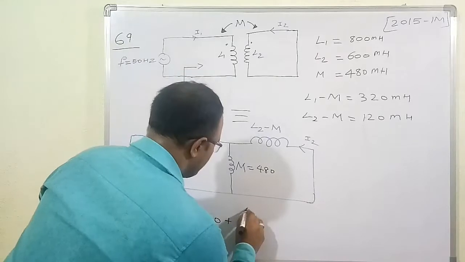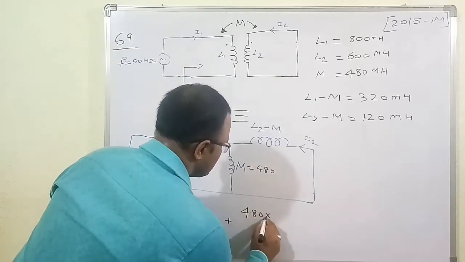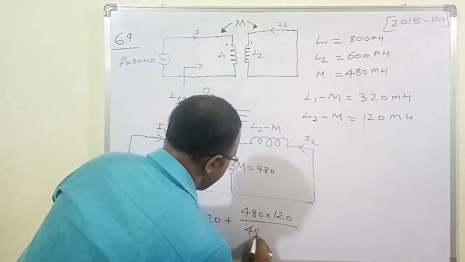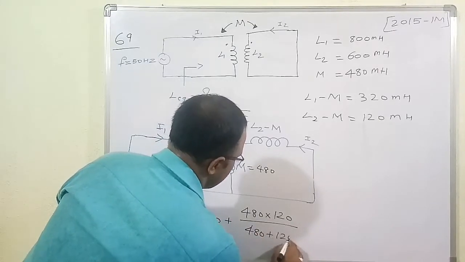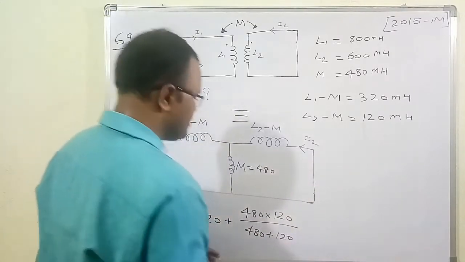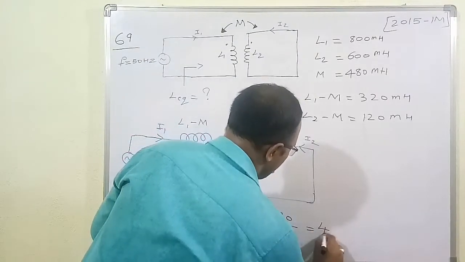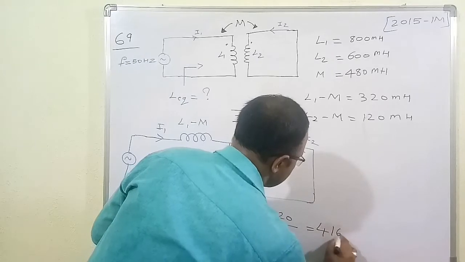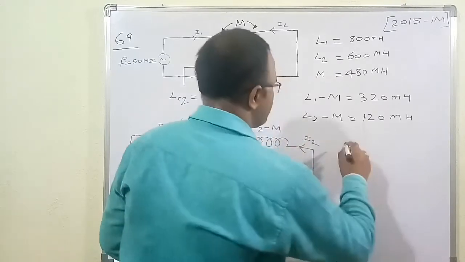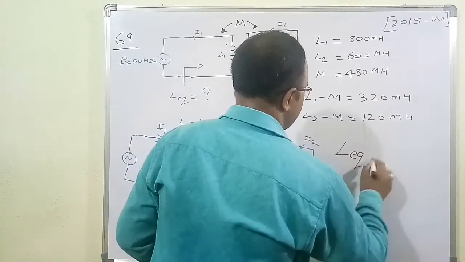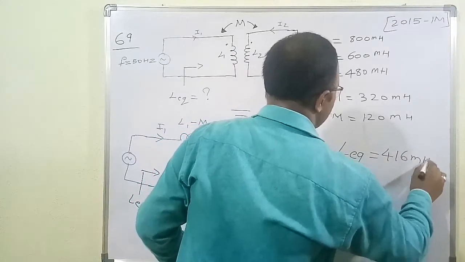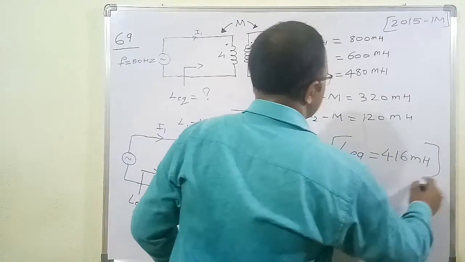So 480 into 120, product by sum, over 480 plus 120. If we do the calculation, we will get 416 millihenry. Therefore the equivalent inductance is 416 millihenry. This is our required solution.